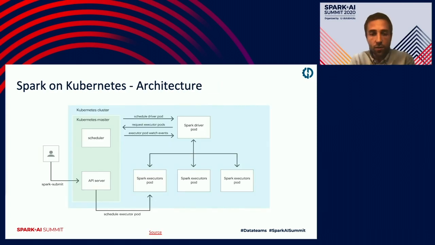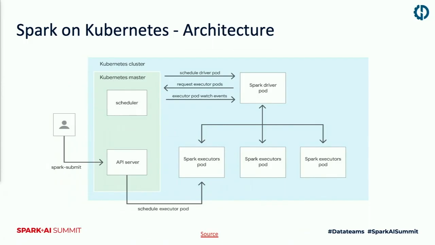So here's a slide that shows the architecture of this native support. When you submit a Spark application, you talk directly to Kubernetes, the API server, which will schedule the driver pod, so the Spark driver container. And then the Spark driver and the Kubernetes cluster will talk to each other to request and launch Spark executors.